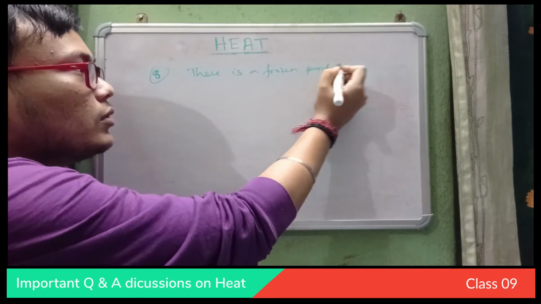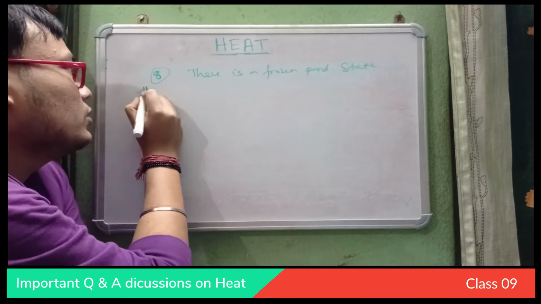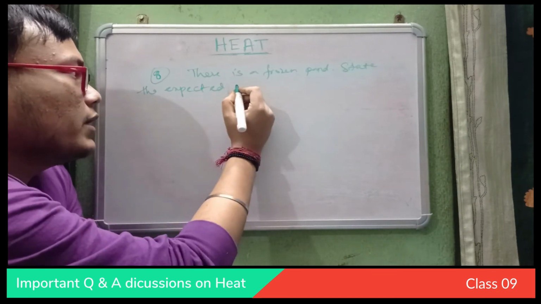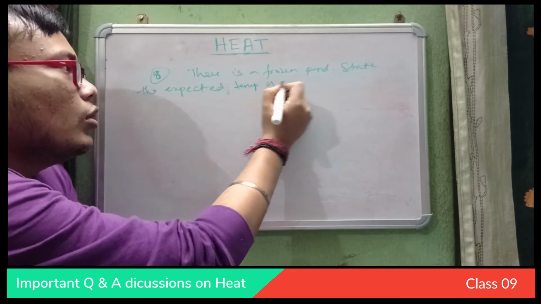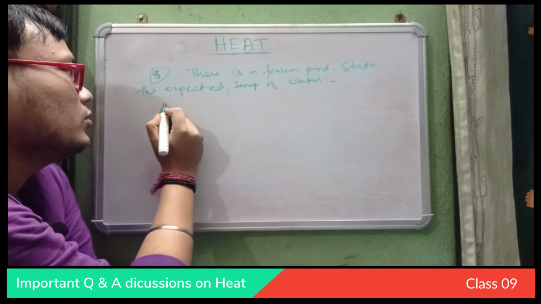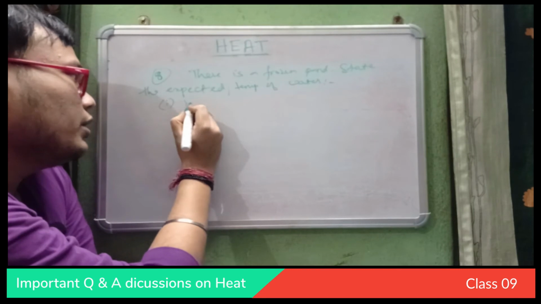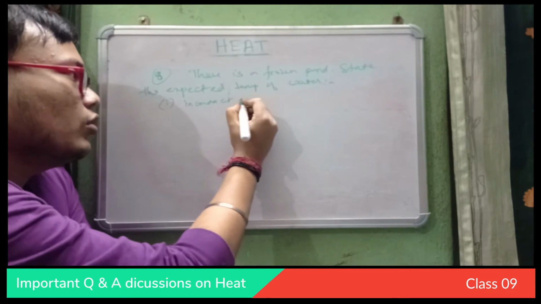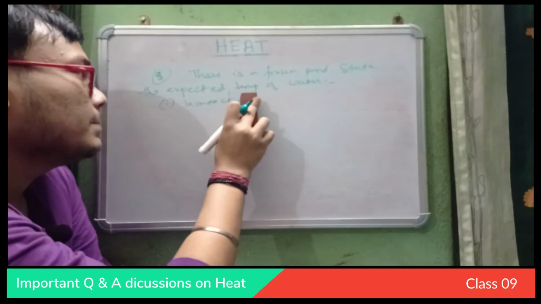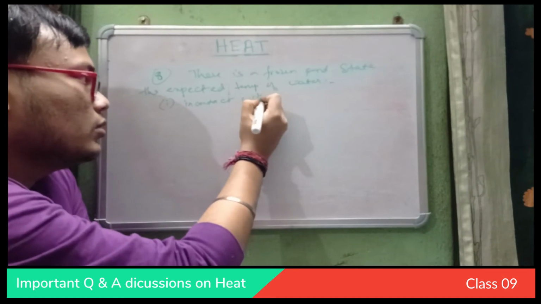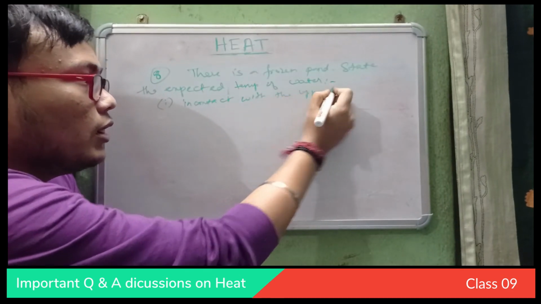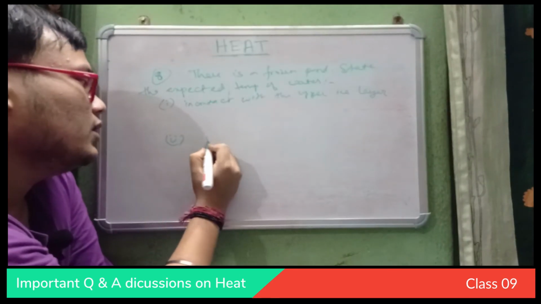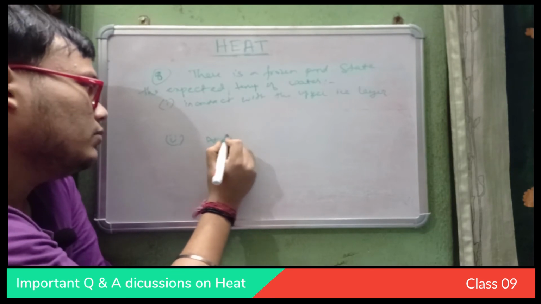State the expected temperature of water, number 1, which is in contact with the upper ice layer, and number 2, water which is at the bottom of the pond.